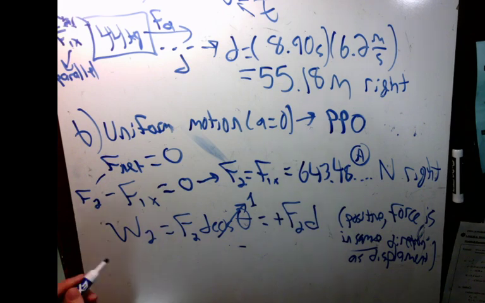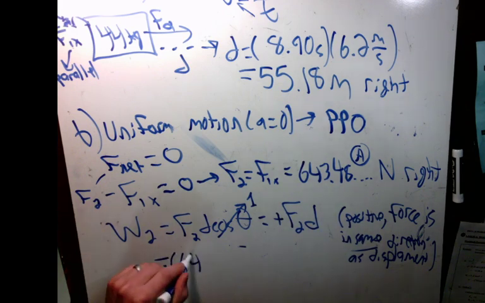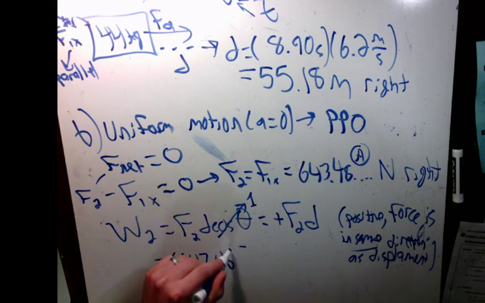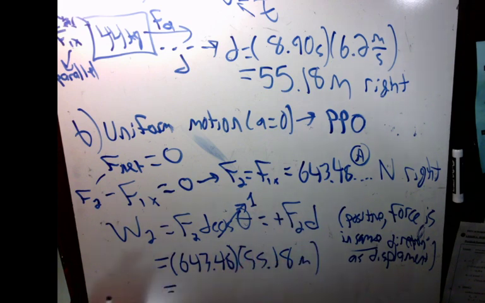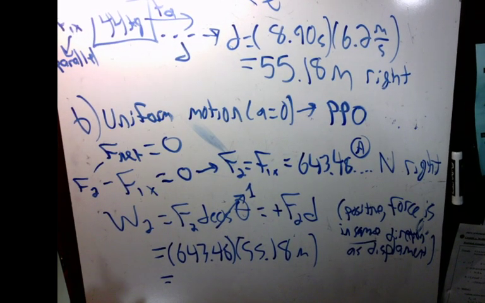Throw in our numbers, we get 643.48 times 55.18 meters, and it'll come out at positive 35.5 kilojoules. We already calculated that last time.